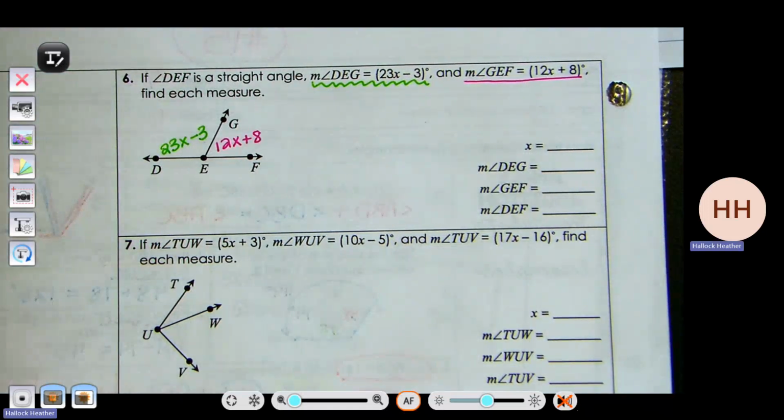Okay, so that's the information in our picture. So that's what most people are going to do.